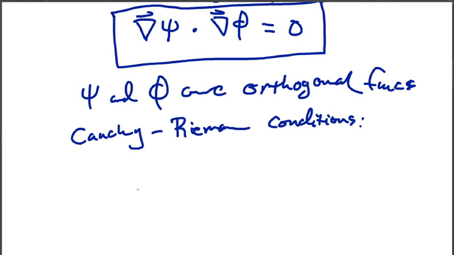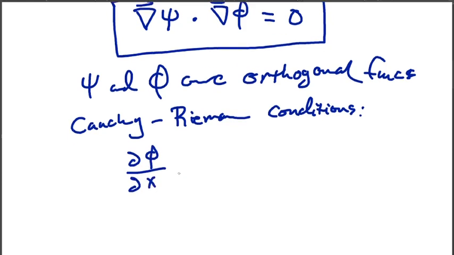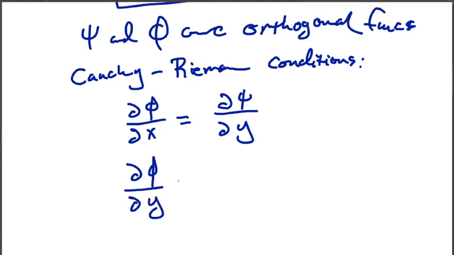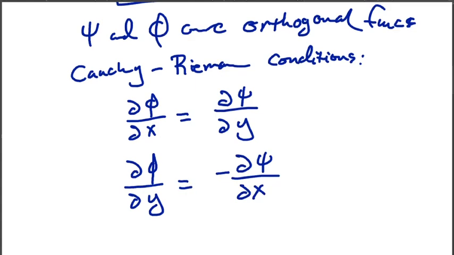And those are that d phi dx, that's our gradient of phi, is given by d psi dy, whereas d phi dy is equal to minus d psi dx.